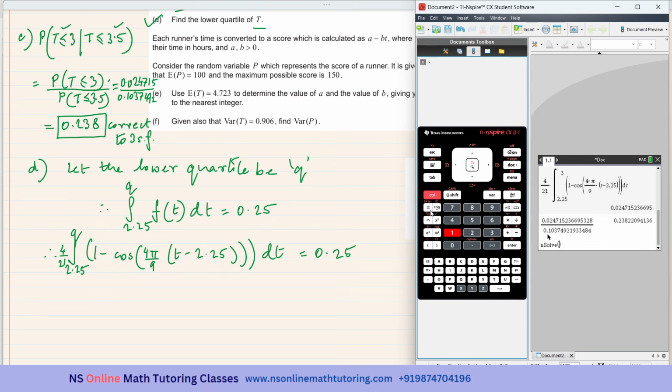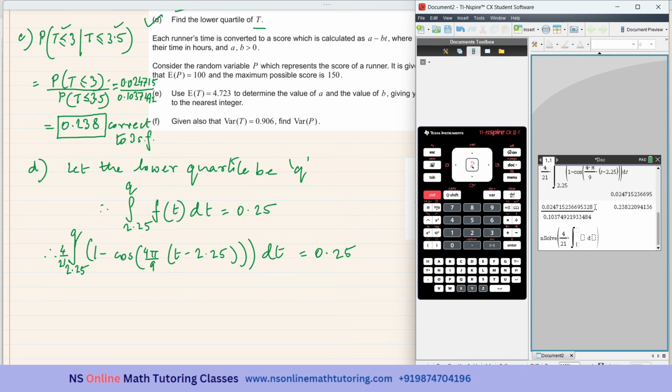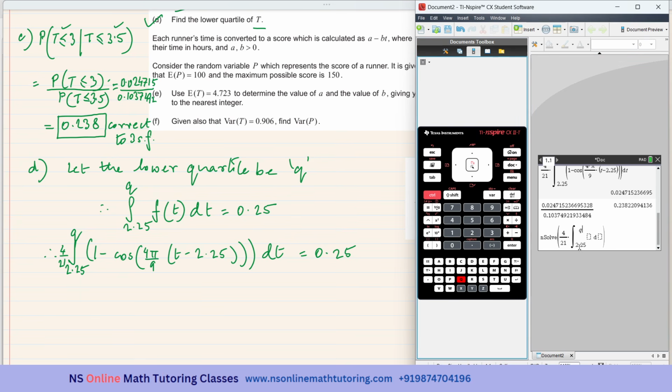Okay, and it is 4/21 times the integral, lower bound is 2.25, upper bound is Q, and the expression is, let me just again copy paste.